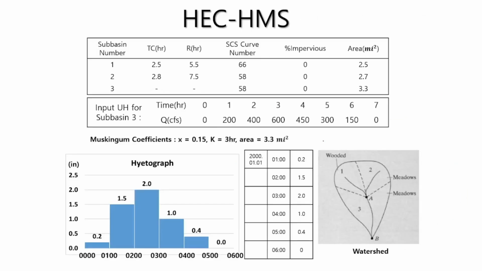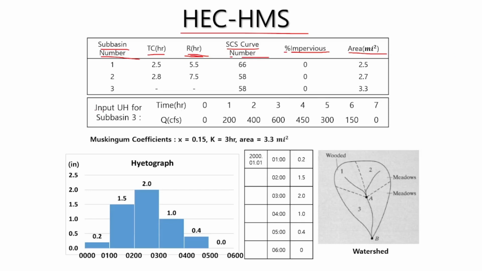So this is the type of results we can get with HEC-HMS. We get these subbasins, and for each subbasin we can get parameters like time of concentration or R. I'm not too sure what this stands for, but yeah, and then SCS curve number, impervious area percentage, and the area of each subbasin, right?